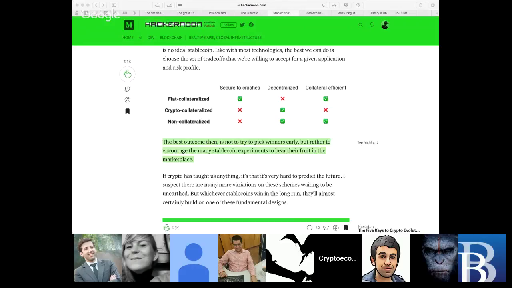But it is true that for many projects, the use of a stable coin would really be important to avoid that speculation. I think I was mentioning that at the beginning.